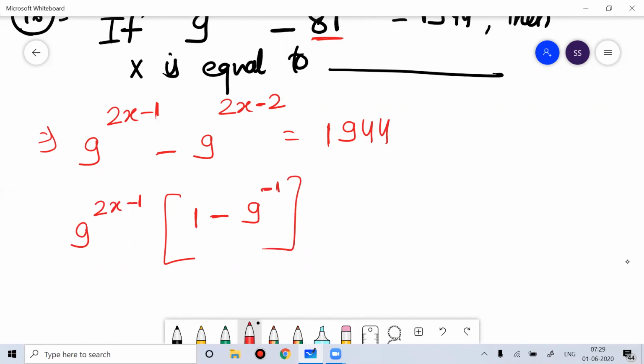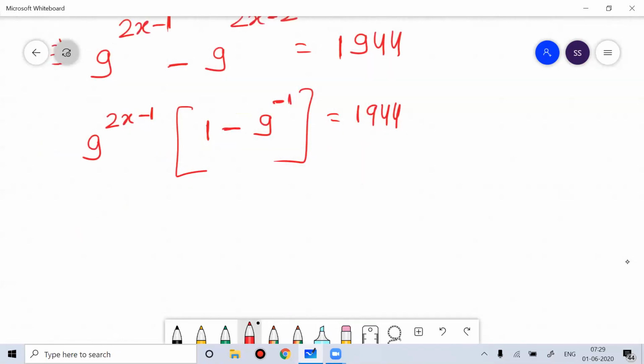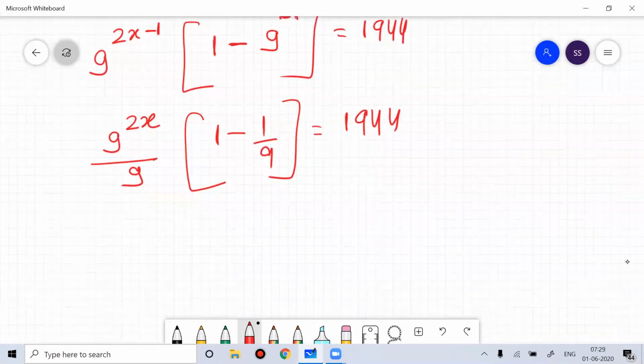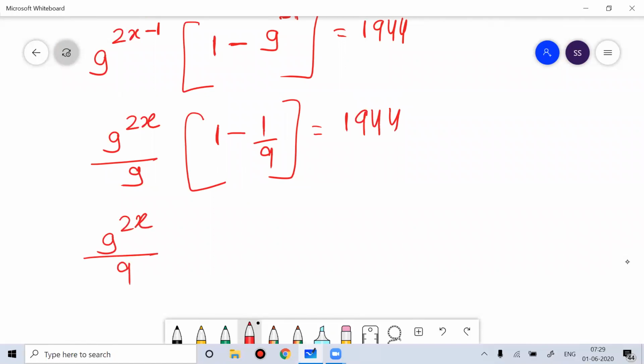Then 9 to the power 2x by 9 into 1 minus 1 by 9 is equal to 1944. This would be 8 by 9, and this would be 1944.